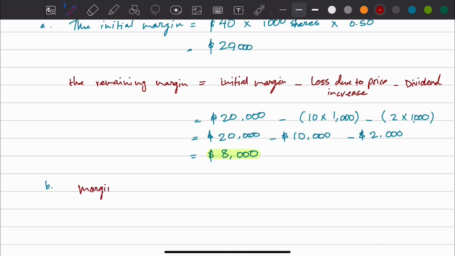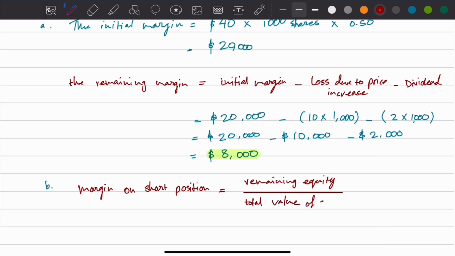Margin on short position is going to equal the remaining equity divided by the total value of the shares.